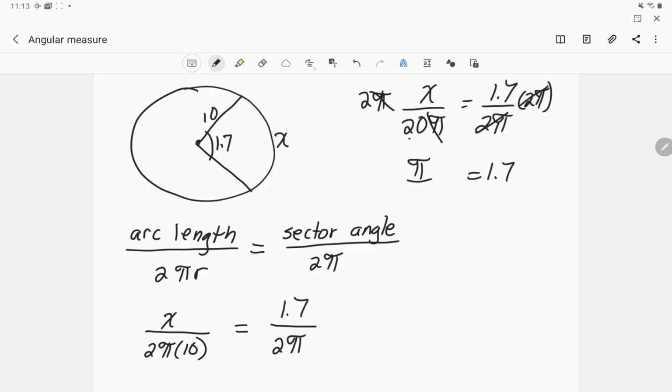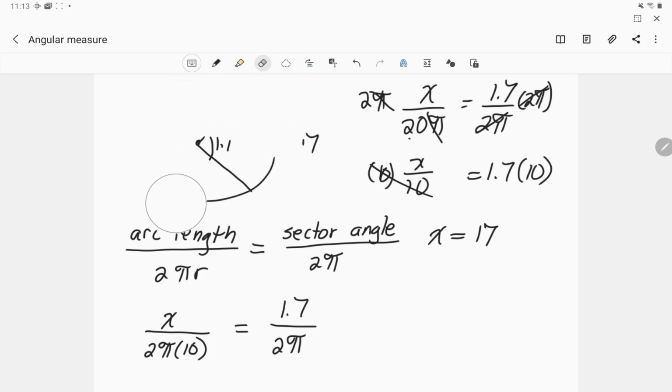So I have x over 10 equals 1.7. So I'm going to multiply this side by 10, so my 10's cancel, and I have x. So I multiply this side by 10, and I have 17. So my arc length is 17.